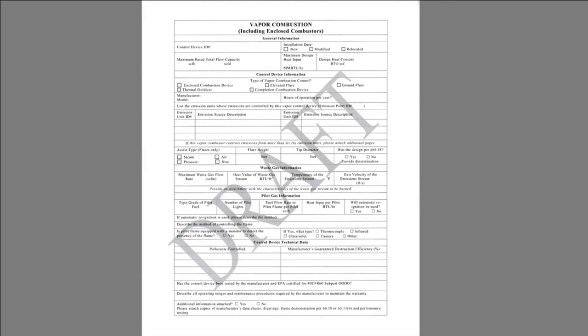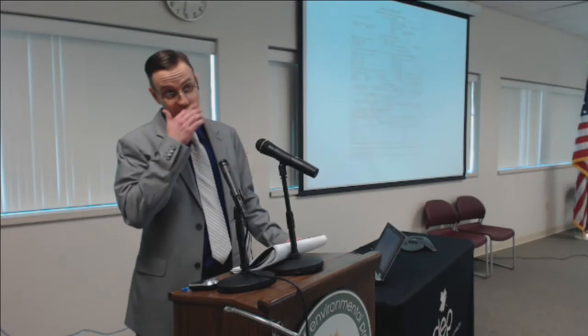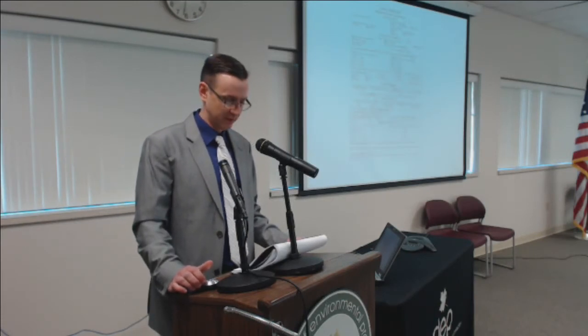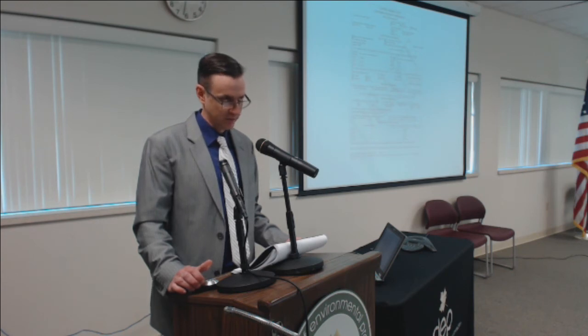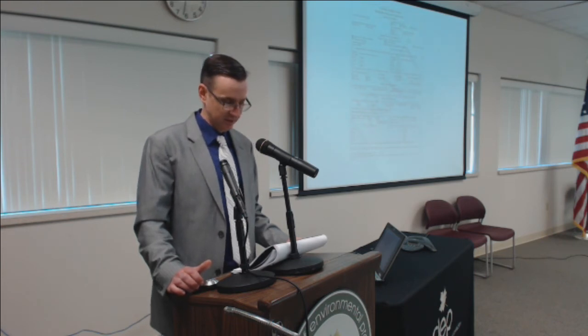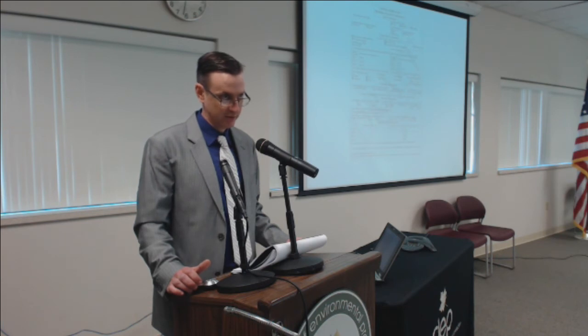And then we ask basic questions that we would ask on a control device like this. The assist type it is, if it's a flare, what the height of it is, what the tip diameter is. Is it a flare whose design criteria meets that of 6018? If so, you need to provide the determination that it does.